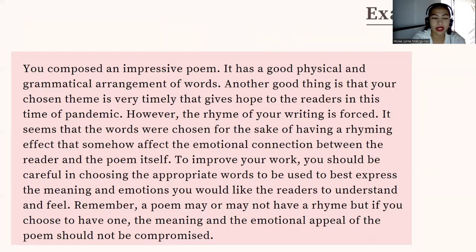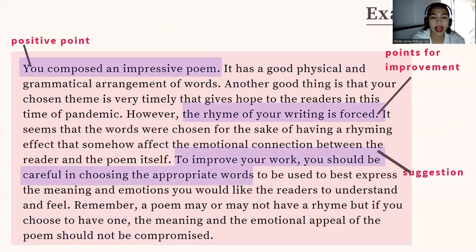The evaluation begins with an evaluative statement that says, "You compose an impressive poem." So it is followed by giving positive feedback to the writer specifying the strengths of the poem. So why the poem is an impressive one.